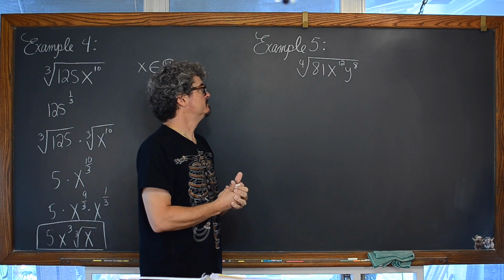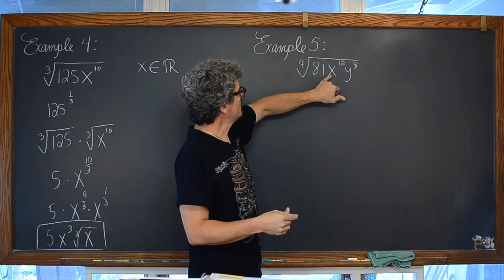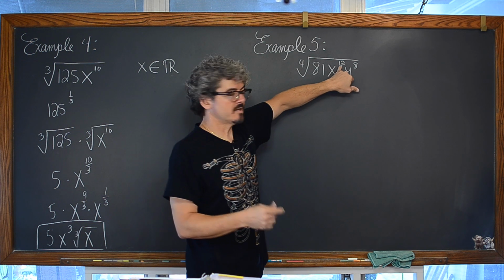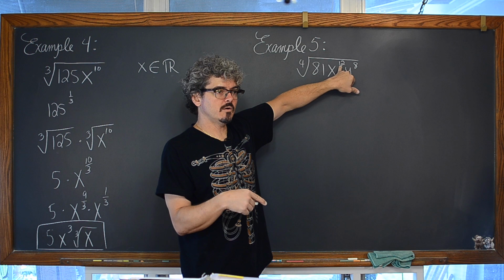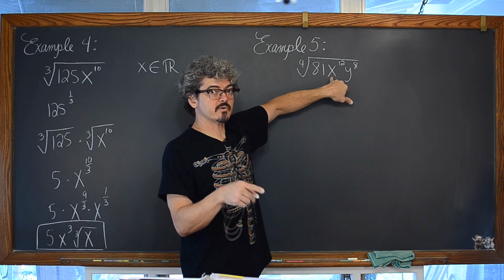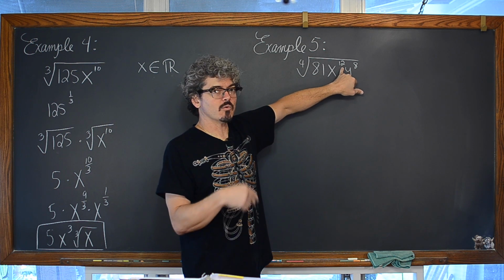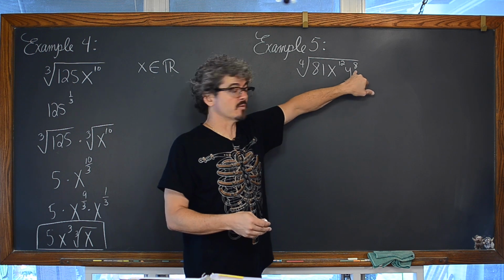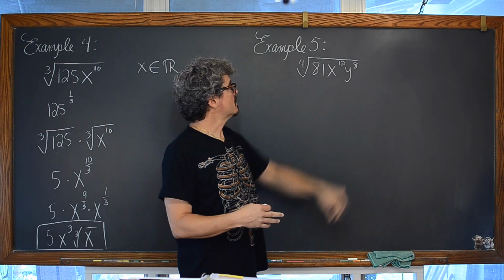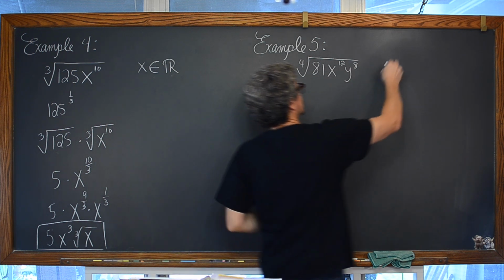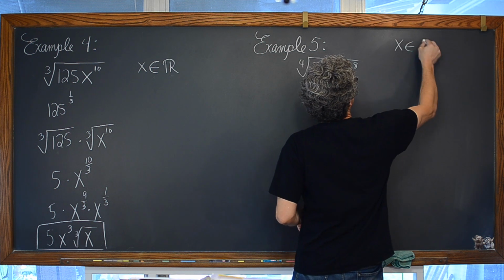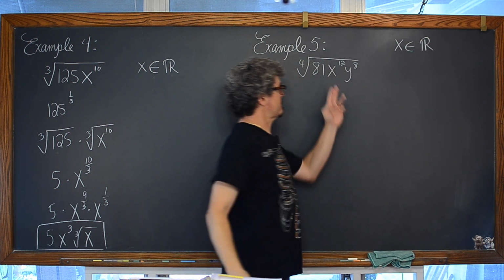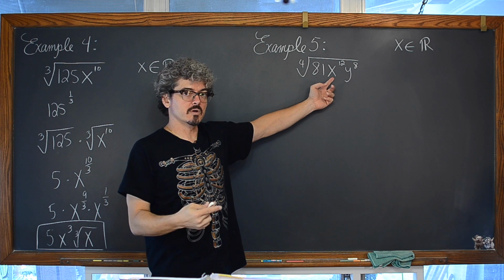Is that a problem? Well, we have x being raised to an even power, and we know that any number, whether it's positive or negative, when it's raised to an even power, comes out to be positive. Y is also being raised to an even power. So here with this expression, we have that x is an element of all real numbers, which means that it can take on positive numbers, negative numbers, or 0.